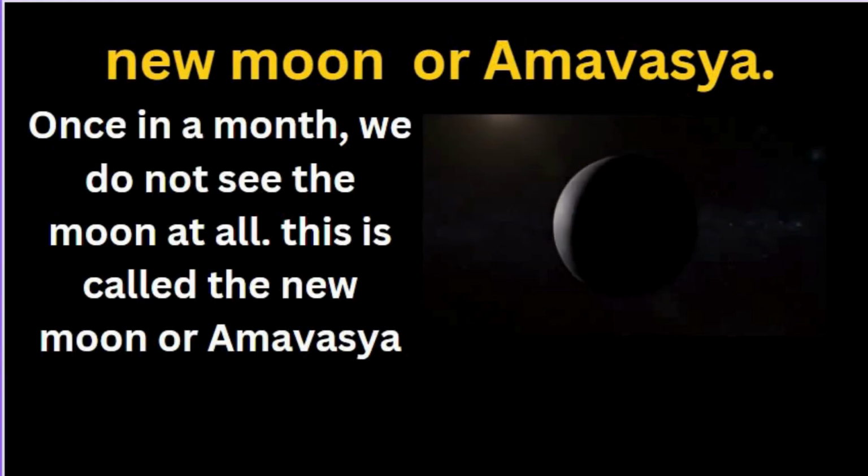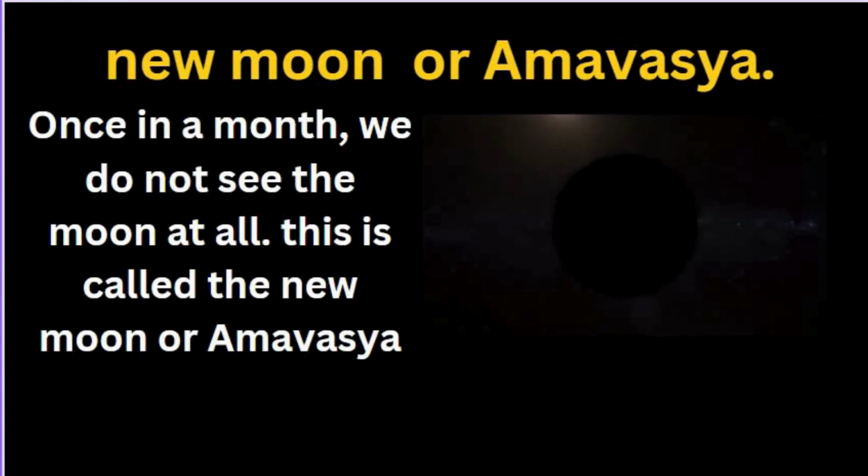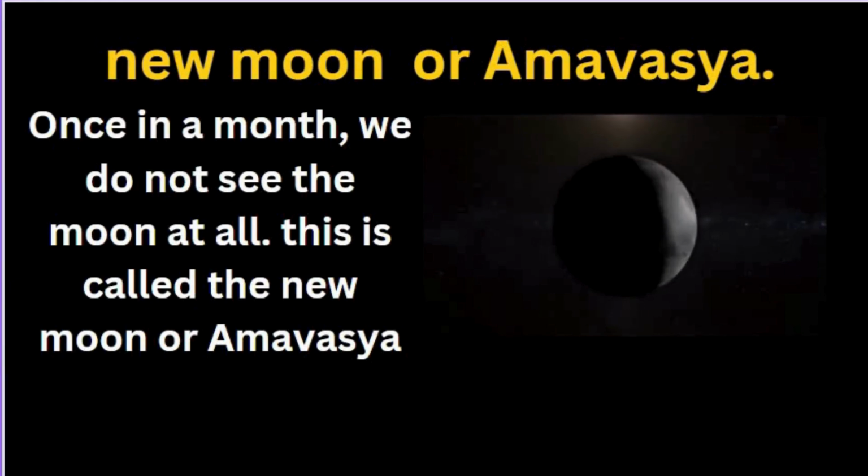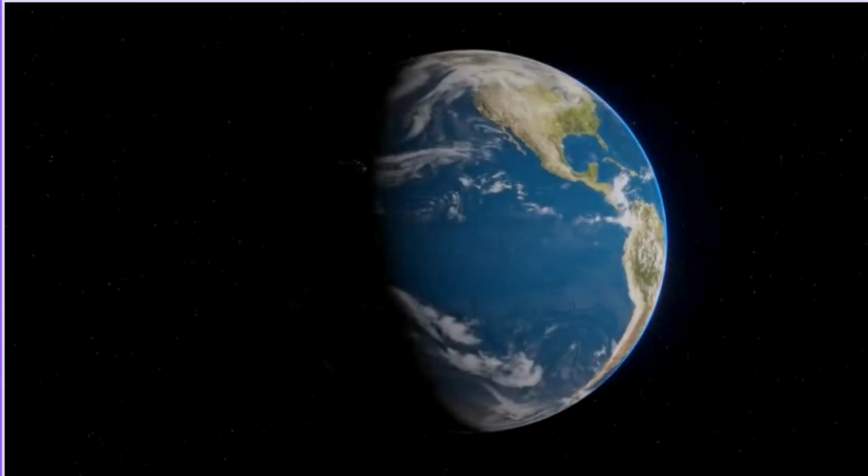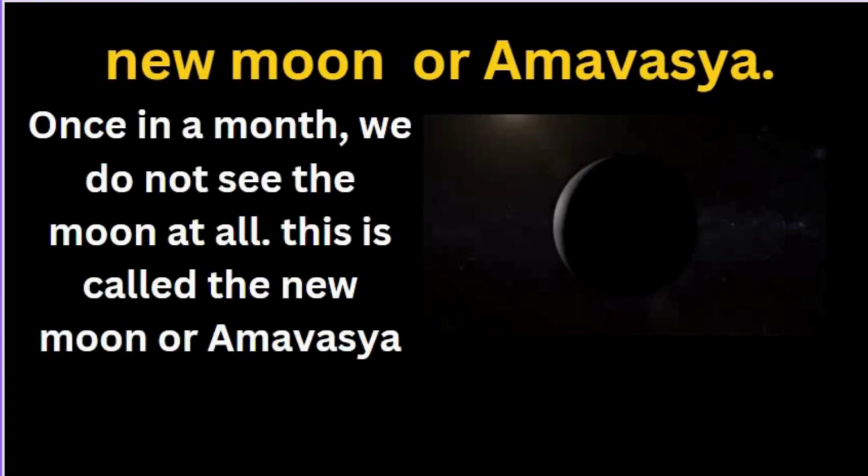Once in a month, we do not see the moon at all. This is called the new moon or Amavasya. Once in a month we do not see any moon at all, and that day is called the new moon or Amavasya.